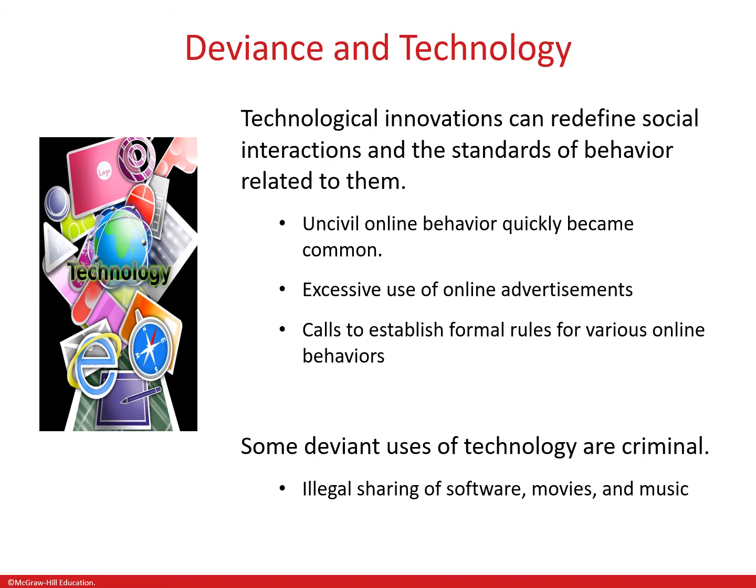There has also been some deviant use of technology, and some people weren't even aware of it. Some deviant uses of technology, like software pirating and downloading music from the internet, are criminal. You're taking software that's licensed for a particular computer system. I remember this happening quite a bit when people were just starting to work from home.